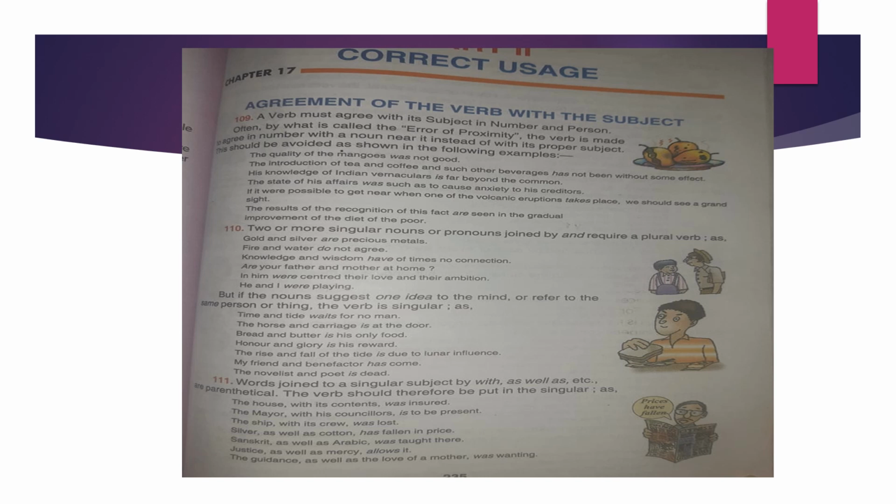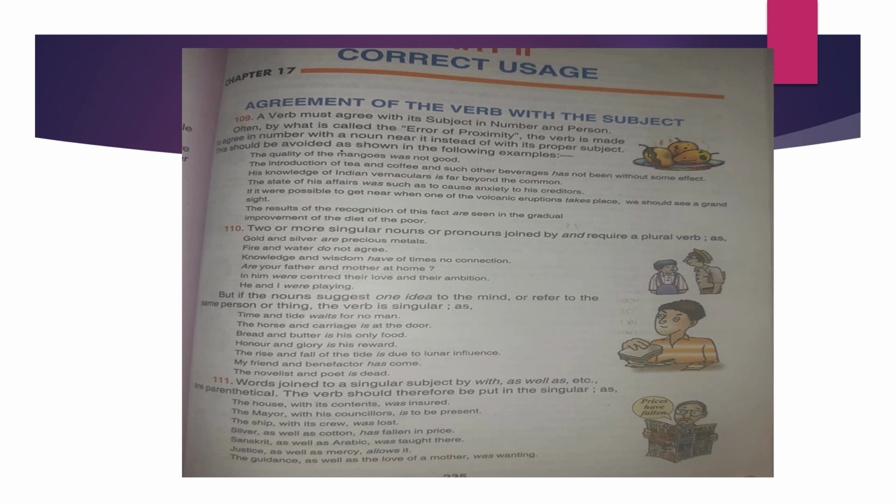Silver as well as cotton has fallen in price. So again as well as is used here, so we are using has instead of have. In the next example, you can see that Sanskrit as well as Arabic was taught there. So we are using was, because wherever two nouns are joined with or as well as, we are supposed to use a singular verb instead of a plural verb.